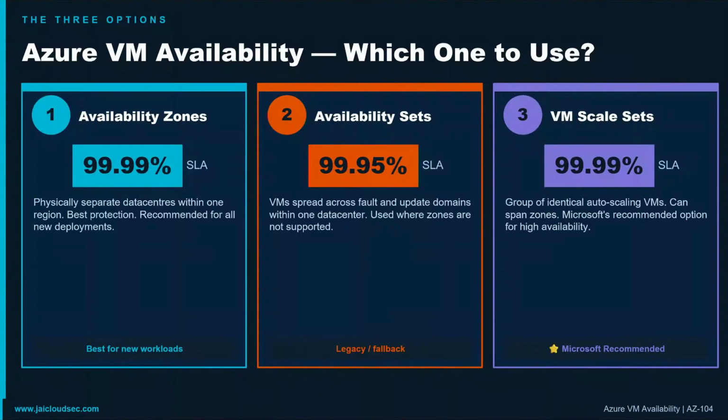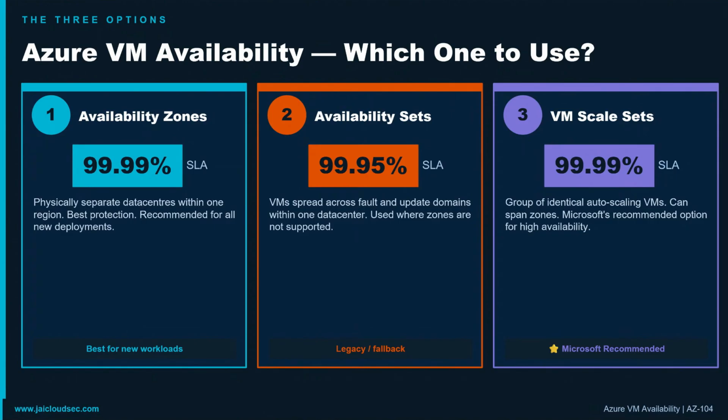Azure gives you 3 options for VM high availability. Let me give you the quick summary before we go deep on each one. Option 1, availability zones. Physically separate data centers within one Azure region. If one data center loses power, your app keeps running in another. 99.99% SLA.